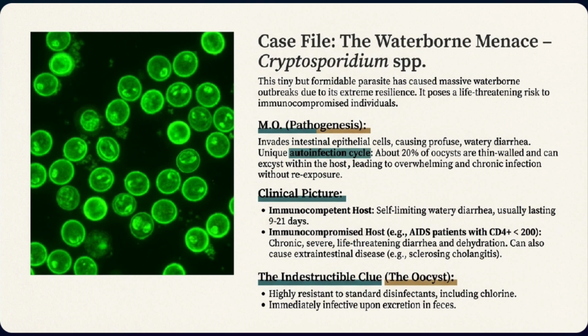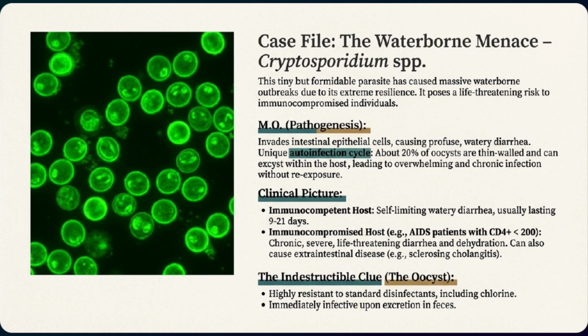Cryptosporidium is definitely a very interesting one, and there have been outbreaks in the past from water contamination, even in water facilities. So that can be a problem if there's contamination from wild animals. In terms of pathogenesis, Cryptosporidium invades the intestinal epithelial cells, and it features a unique auto-infection cycle.